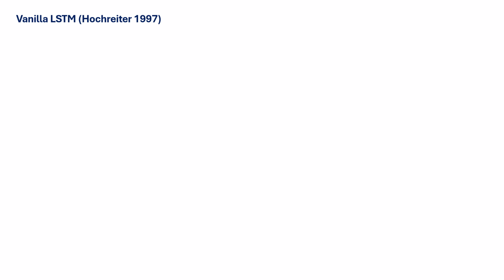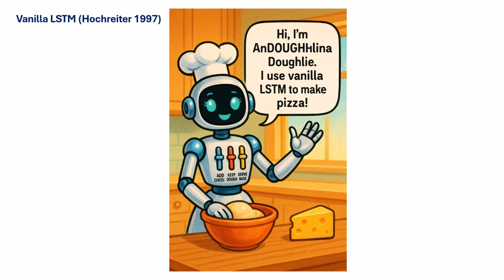It is included as an RNN, or recurrent neural network, because you can use the previous output iteratively in your current calculation. To make things easier, I'll be using a pizza demo robot. Her name is Andolina Dolly. Every day she demonstrates how to make pizza to the audience.